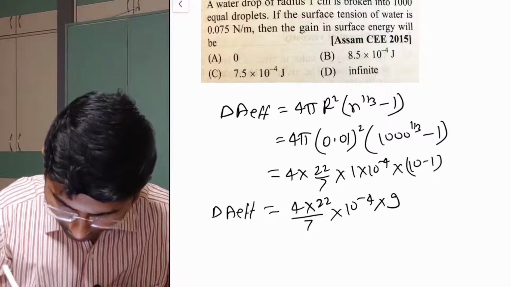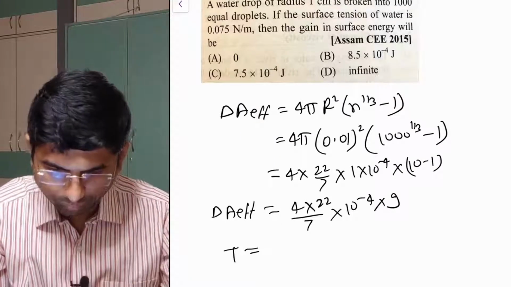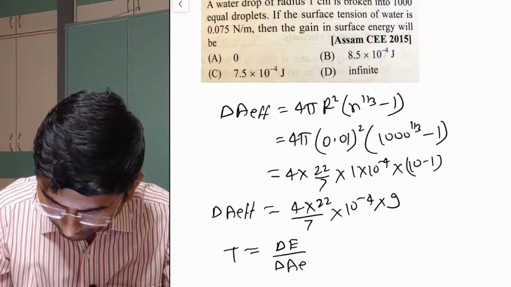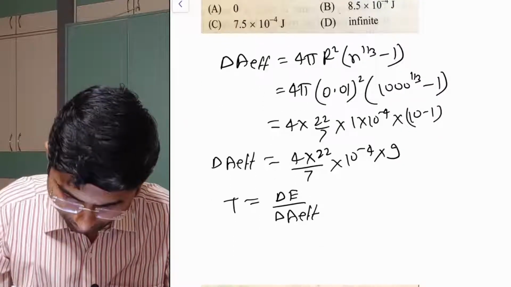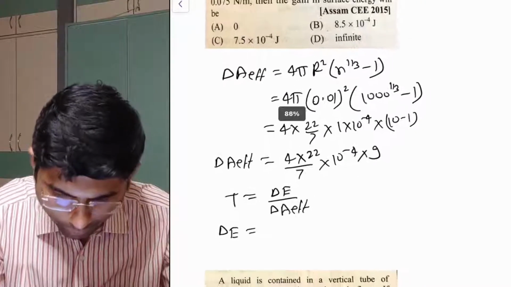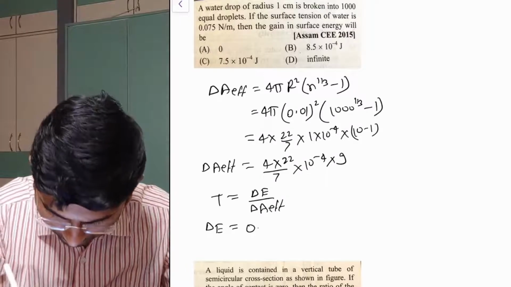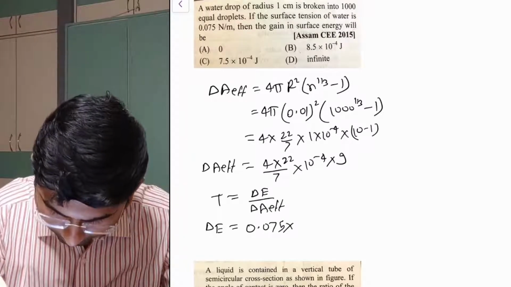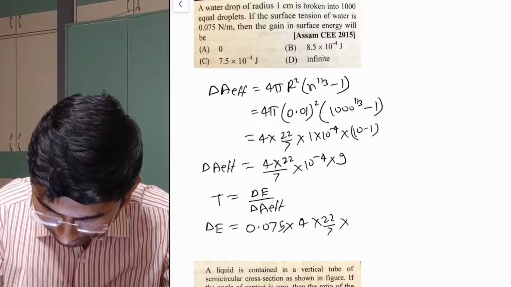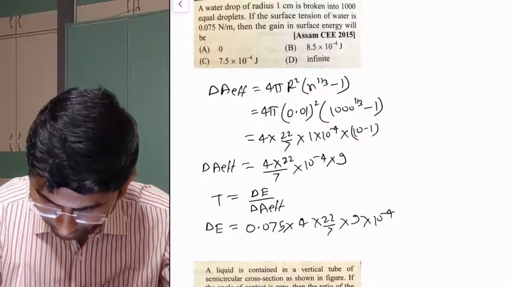Now we know tension is equal to change in energy upon change in effective area. Therefore, change in energy is equal to tension. Tension value is already given to us. That is 0.075 into the effective area, 4 into 22 by 7 into 9 into 10 to the power minus 4.